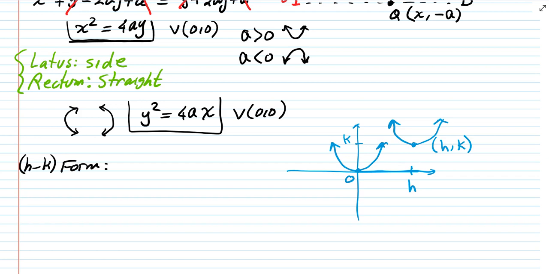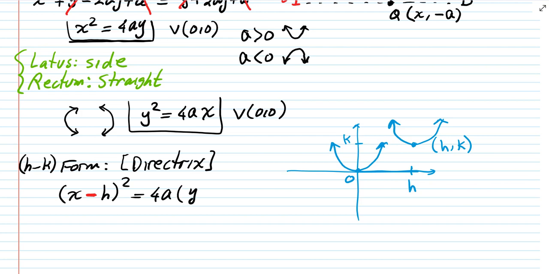The h, k form, again, is called the directrix form of the parabola. So what is the h, k form? The general directrix form is going to be x minus h, and I'm using minus here just to emphasize the subtraction, x minus h squared equals 4a times y minus k.